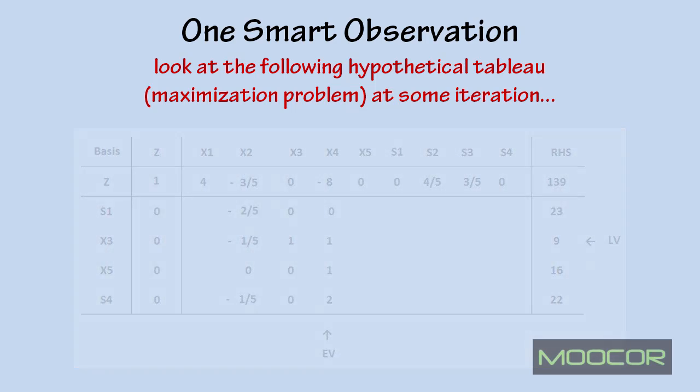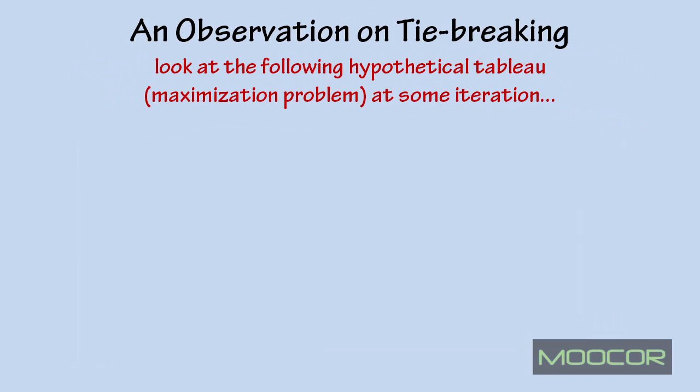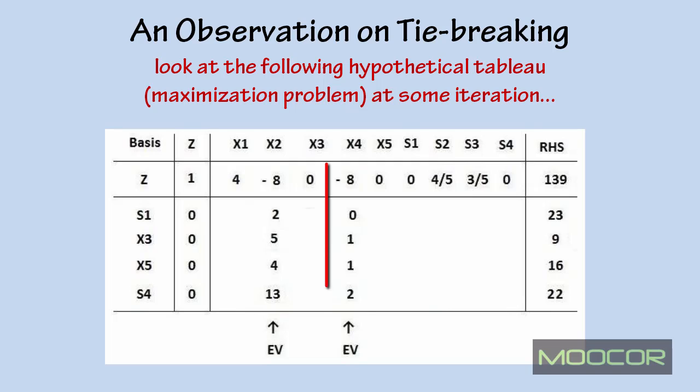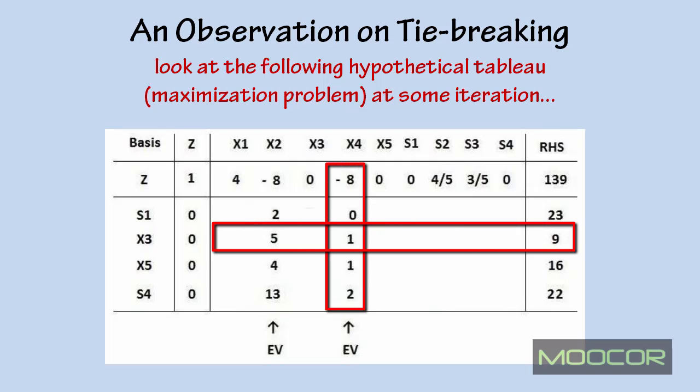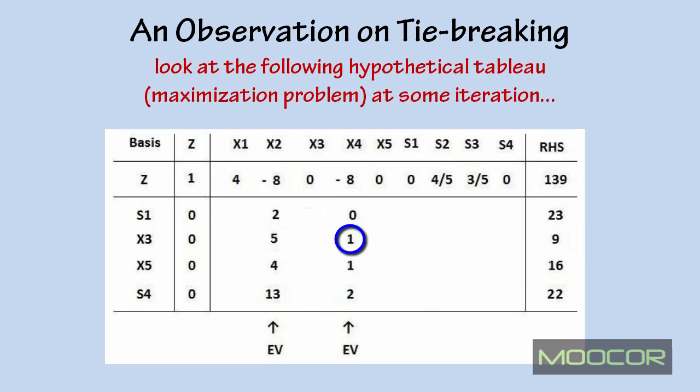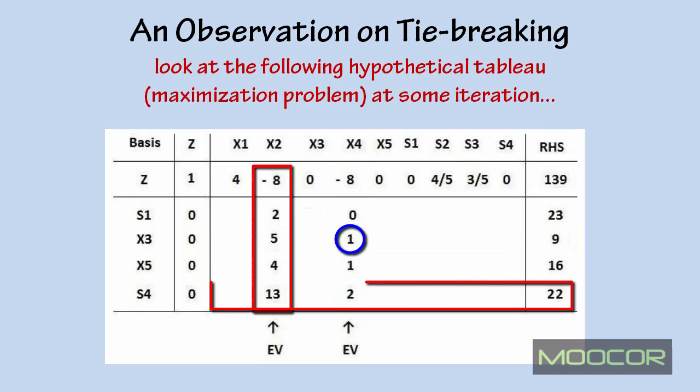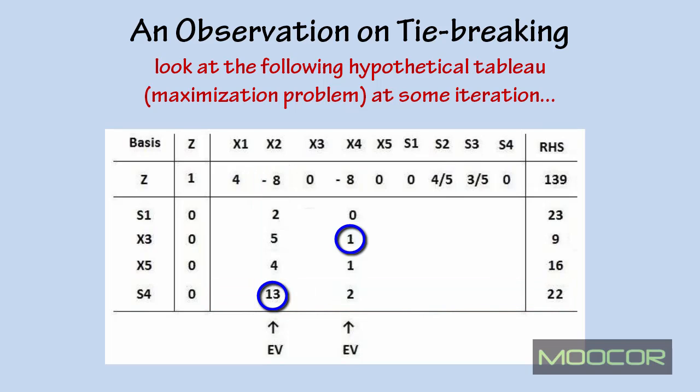Here is another one. In this case, I have a tiebreaker, and I can select between x2 and x4, both of them. But when I look at the two pivot columns, I notice that if I select x4, I will have an easier set of calculations. Here is another one.